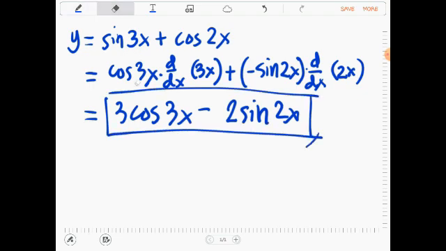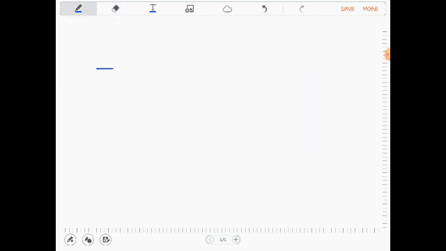Next. How about y is equals to cotangent of 1 minus 2x squared.